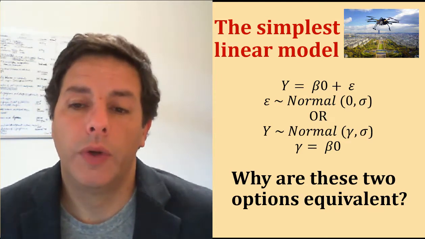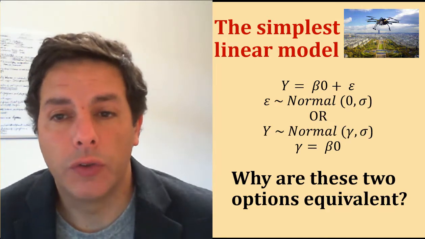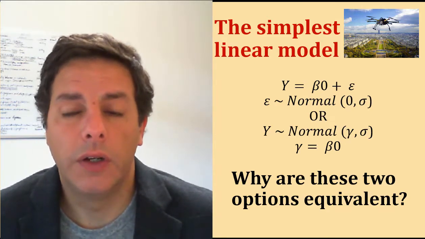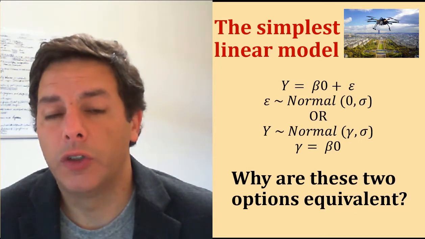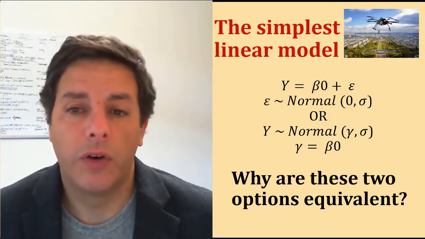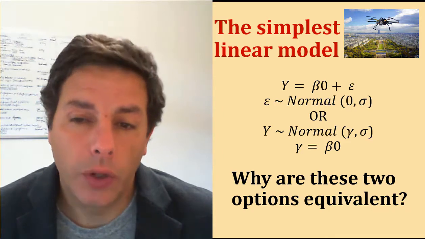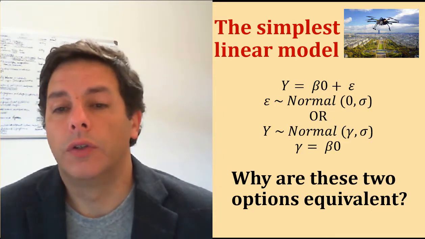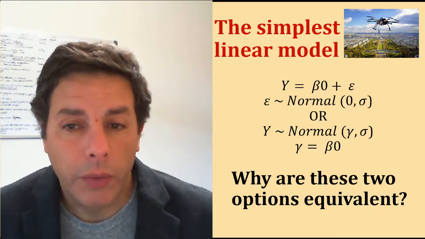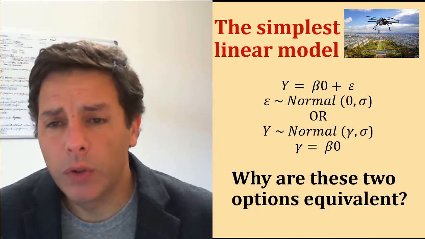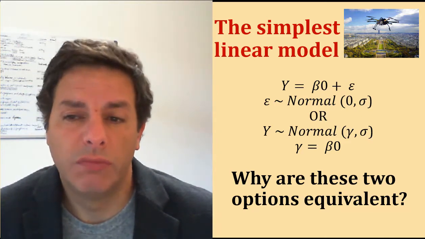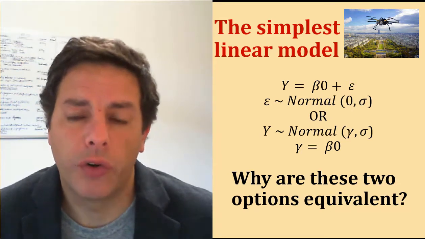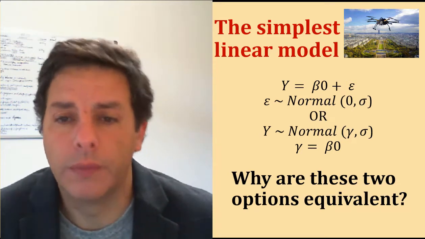Okay, so we've got two versions of the simplest of the linear models, and the first version is y, which is the variable that we call outcome variable, or in some contexts dependent variable, equals beta 0 plus epsilon, which usually is considered error or sometimes residual.